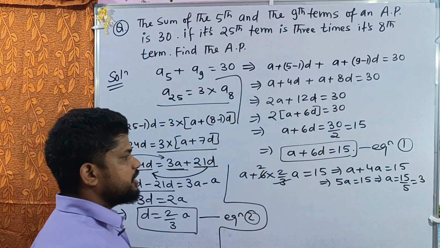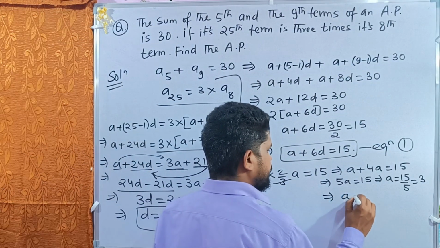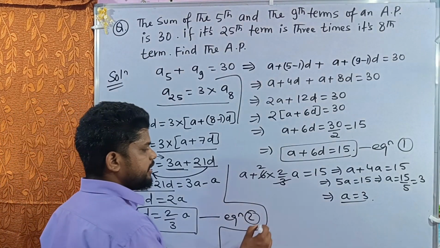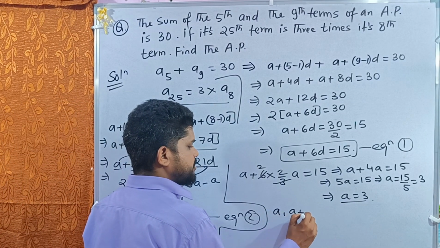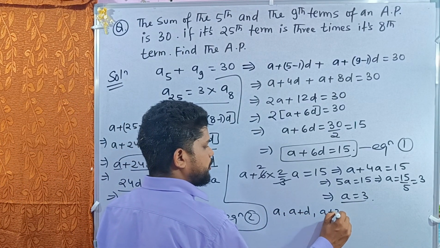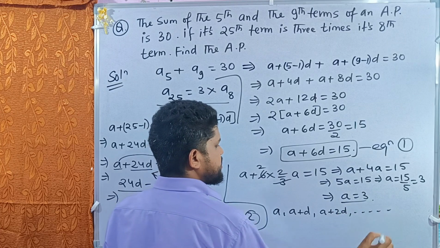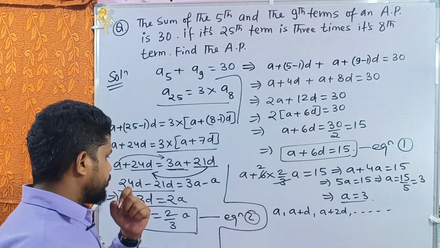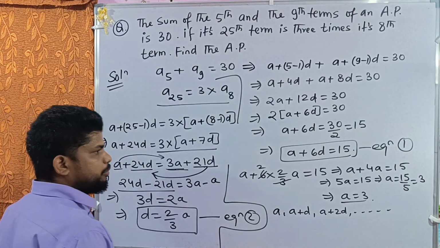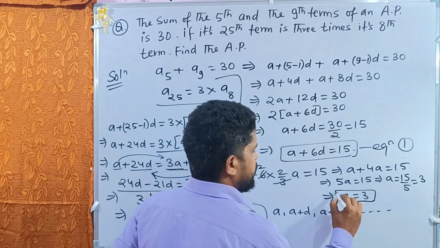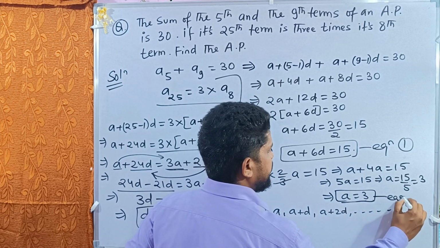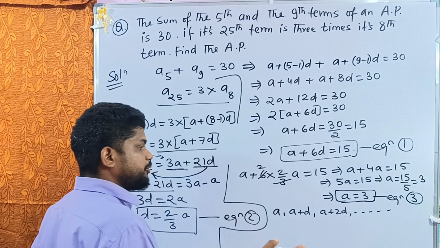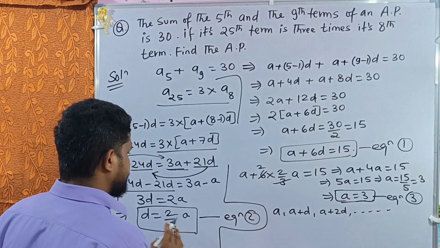So we have the first term a equal to 3, and we know that the sequence of an AP is given by a, a plus d, a plus 2d, and so on. So the value of a is 3. In order to find the value of d, let us call this equation number 3 and put it in equation number 2.